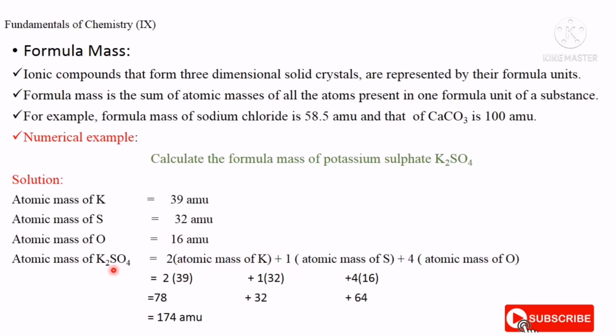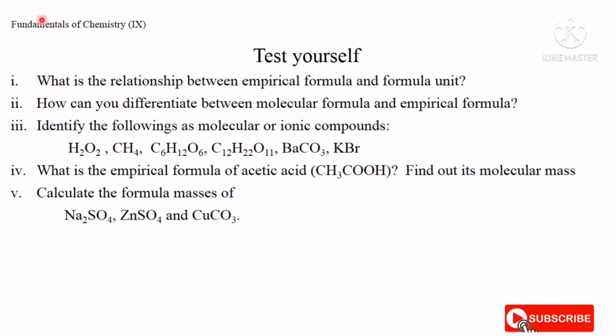There is one atom of sulfur, so 1 is multiplied by the atomic mass of sulfur, and in the same way there are 4 atoms of oxygen, so 4 is multiplied by the atomic mass of oxygen. Putting in the values of these atomic masses, we can calculate the formula mass for the formula unit of potassium sulfate, that is equal to 174 atomic mass unit.